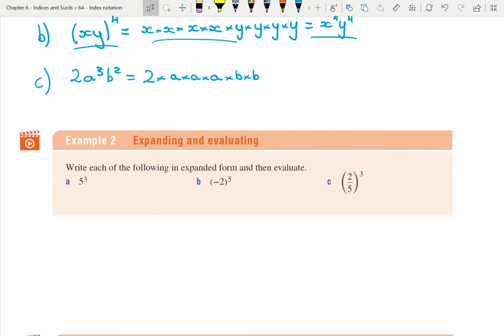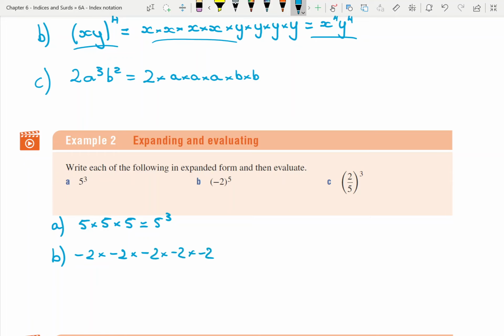If we have numbers now, it's the same process, but now we can take it a little bit further. So if I've got 5 times 5 times 5, that would be my expanded form for 5 cubed. But something like negative 2, we can take a bit further. So negative 2 times negative 2 times negative 2, 2 more times.